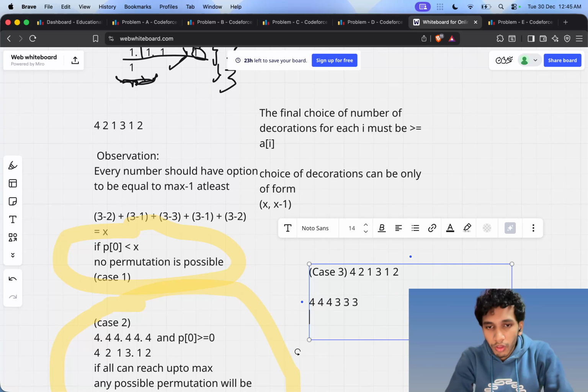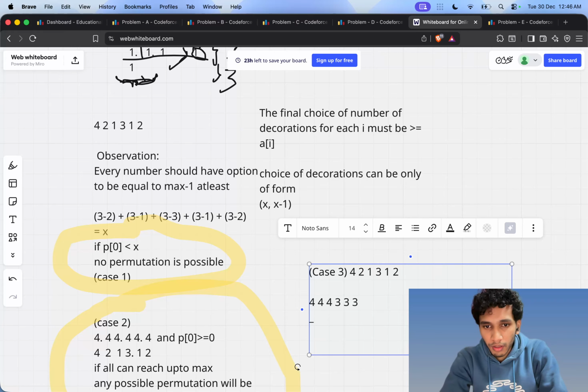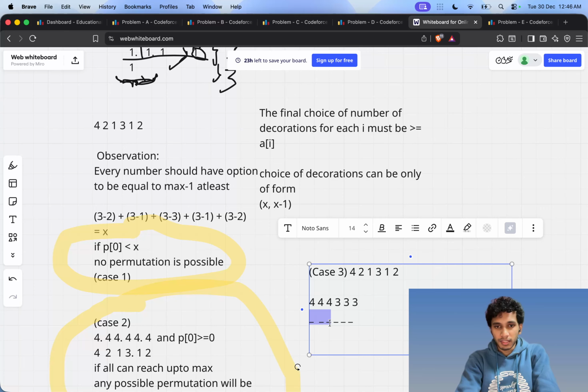So what is our final answer in this case? We choose a position. Let's analyze this as some empty sequence: we have 6 empty positions, and 4 can go to these 3. So choose one from these 3.